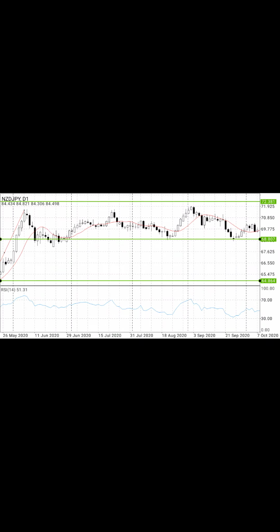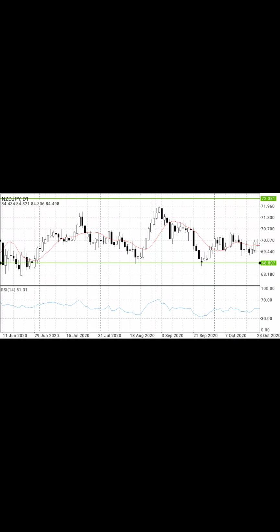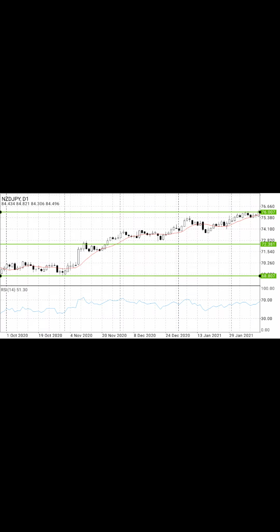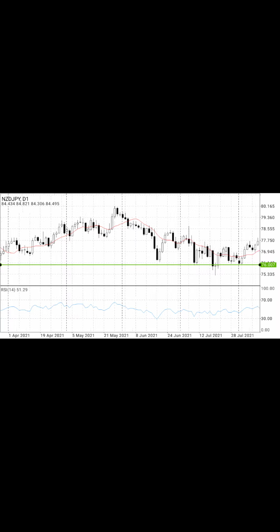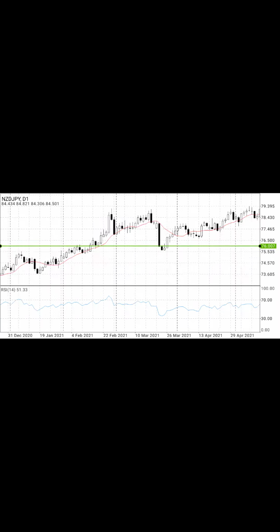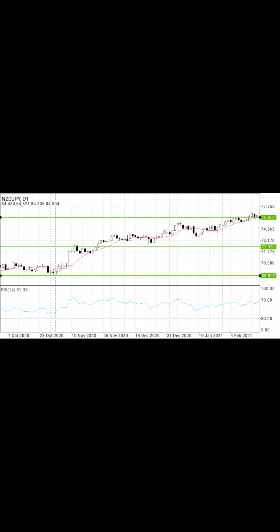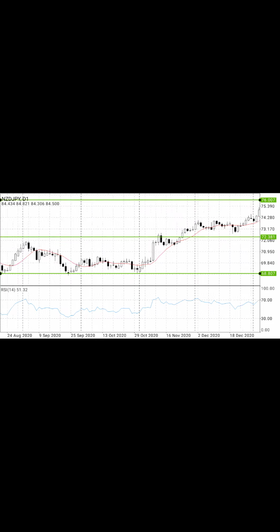Then price stabilizes at that point for a while. Bullish, bullish, bullish, bullish. This is now, say, post-COVID bullish.